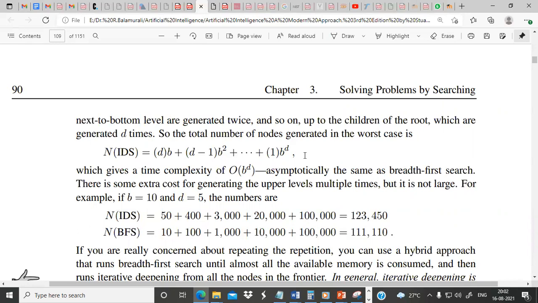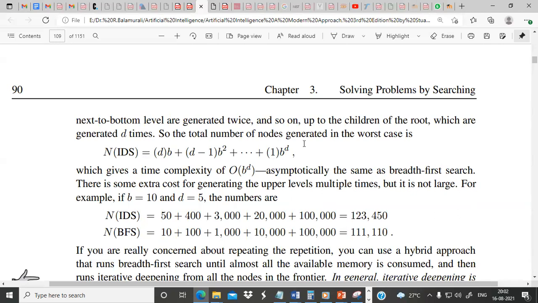The number of nodes the IDS will be generating can be calculated like this: d into b, plus d minus 1 into b square, plus d minus 2 into b cube, plus d minus 3 into b to the power 4, so on and so forth, until the coefficient becomes 1. Then it will become b to the power d.